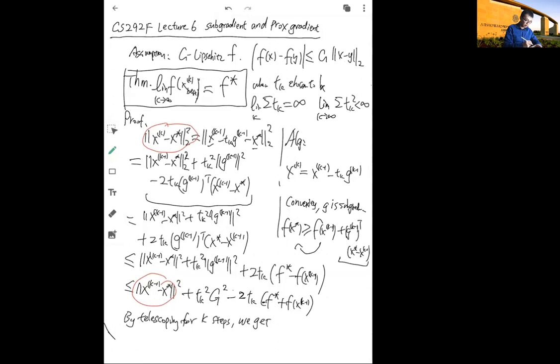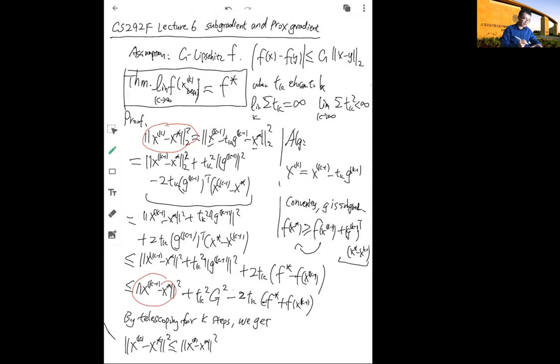Then we get minus x star. So this is the only thing that's left, x1 minus x star. Okay, so these are the only things that remain.